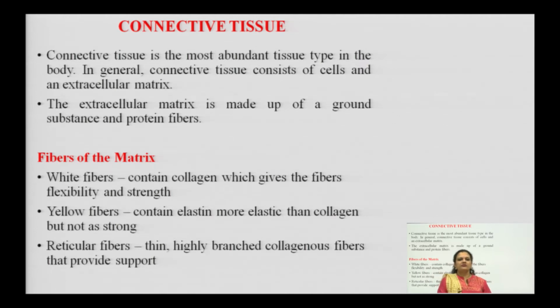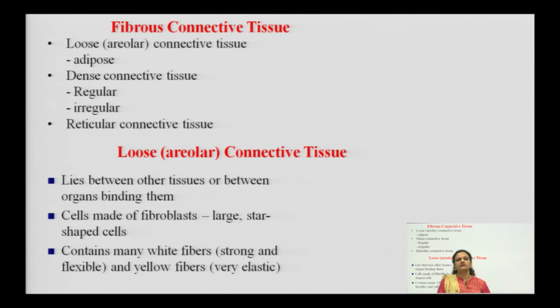Okay. So, coming to the third fibers, that is reticular fibers. These are thin and highly branched collagenous fibers made up of the same white collagenous fibers, but very thin and highly branching in structure, and this provides mechanical support to the nearby tissues or organs also.